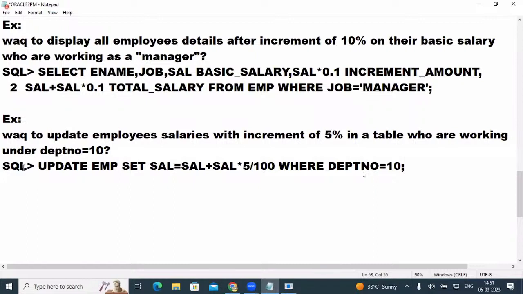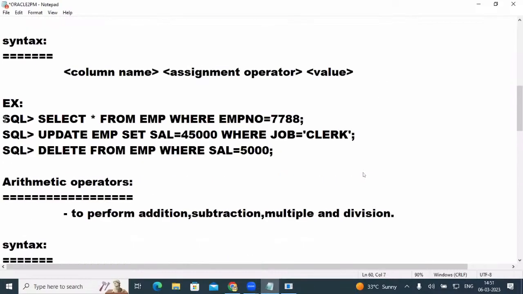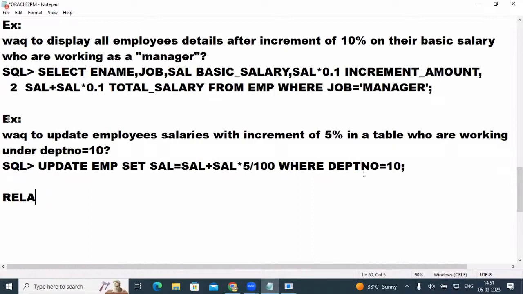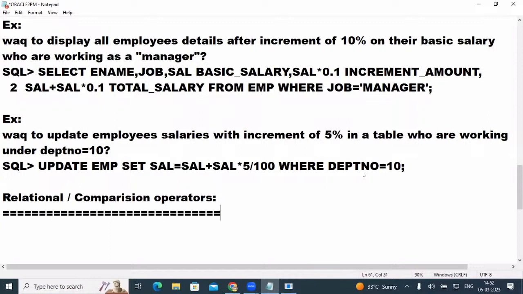So these are what we call arithmetic operations in your queries, and how to use them. The next one, write down here, relational operators, or else comparison operators.